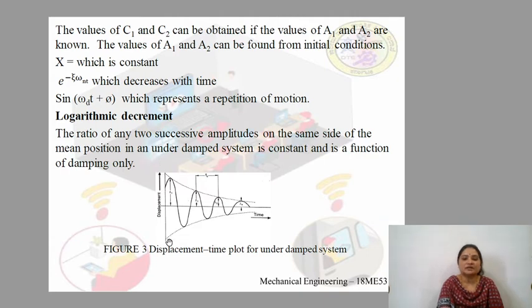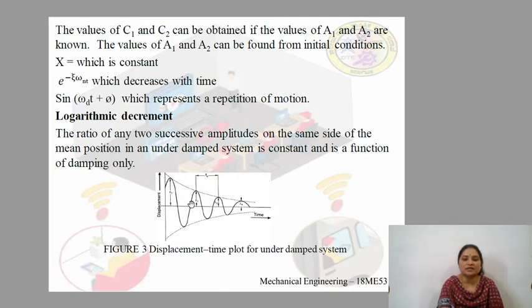In the figure, we can see the displacement time plot for an underdamped system, and the sinusoidal waveform is drawn for the underdamped system. Here, the definition of logarithmic decrement says that if we take the ratio of any two successive amplitudes on the same side, so the amplitudes are represented here as x1, x2, x3, x4, and so on.